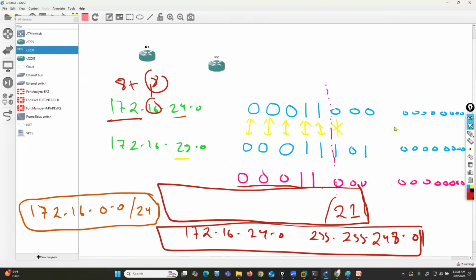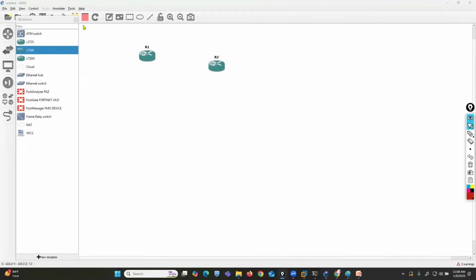So we can complete our lab. And what is our lab? We will discuss route summarization concept in RIP protocol, in EIGRP protocol, and in OSPF. You can discuss route summarization in BGP, but it's a separate concept.